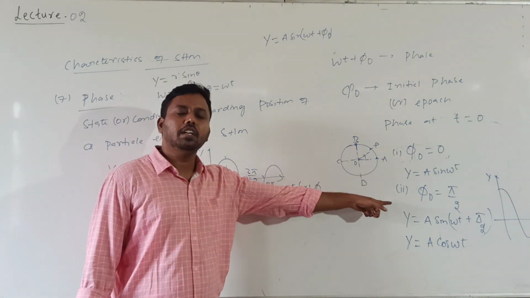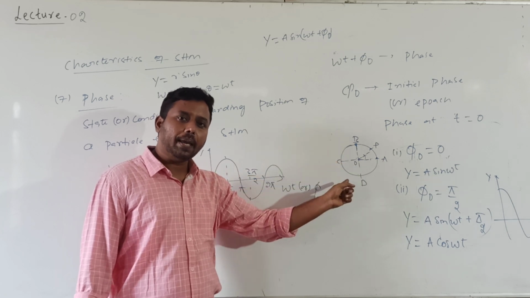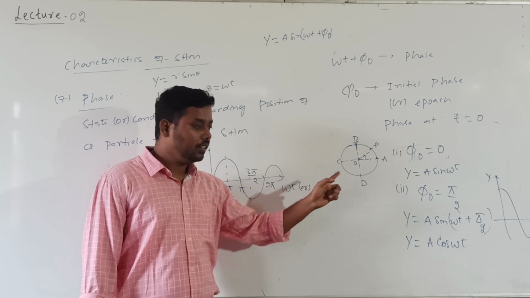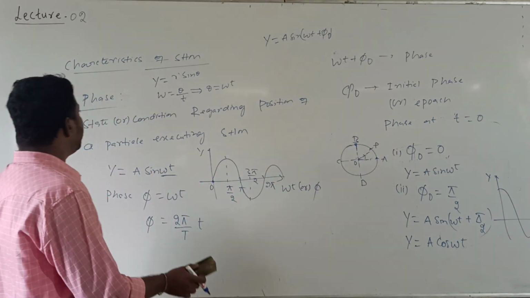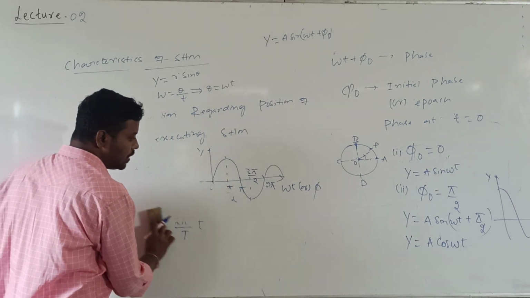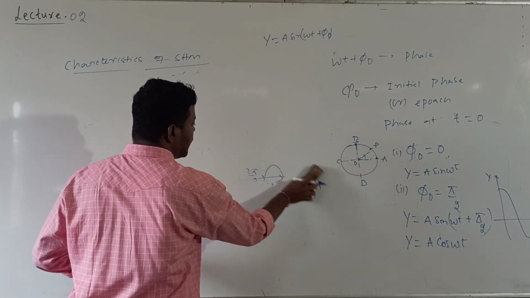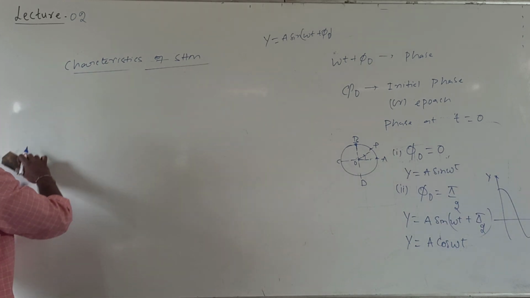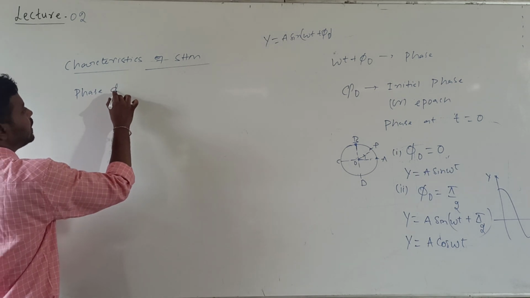Similarly, the initial phase value may be 0, or pi by 2, or pi, or 3 pi by 2. So this is called the initial phase. Phase understood now? Because for doing numericals, this phase is very important for us. After completion of phase, one more important point is: what is the meaning of phase difference?